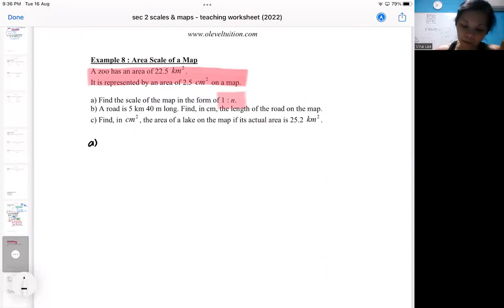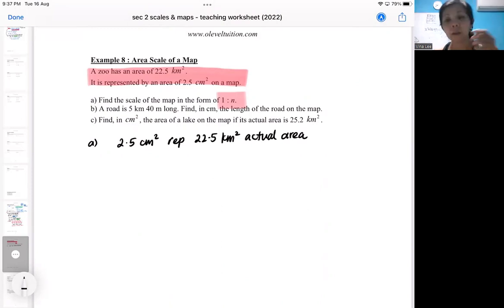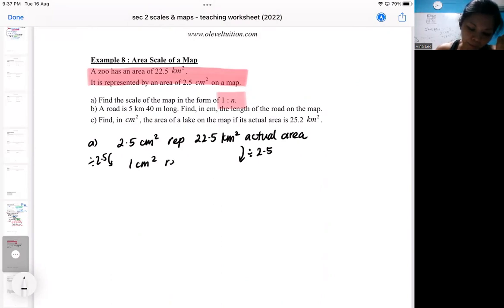So let's interpret the question first. 2.5 centimeter square represent 22.5 kilometer square actual area. We are not going to be taking square root here. I will only be taking square root when I get to 1 centimeter square. So you divide by 2.5 on both sides.